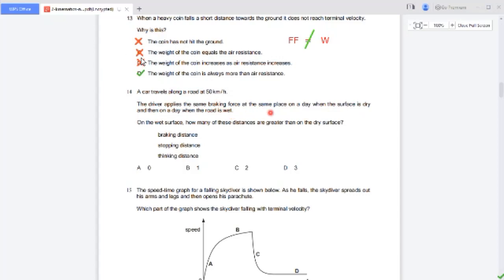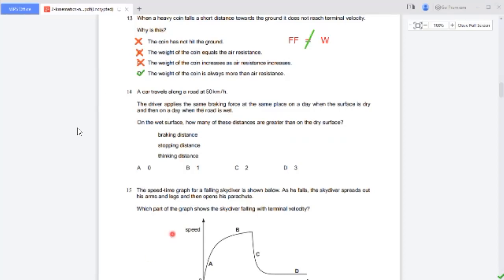So when the surface is dry, it means more friction force is there as compared to a wet road. So when there is a wet surface, then friction force decreases. Friction force decreases means when a driver applies brakes, the car will not stop at the same time, but it will travel some distance, that is called braking distance.